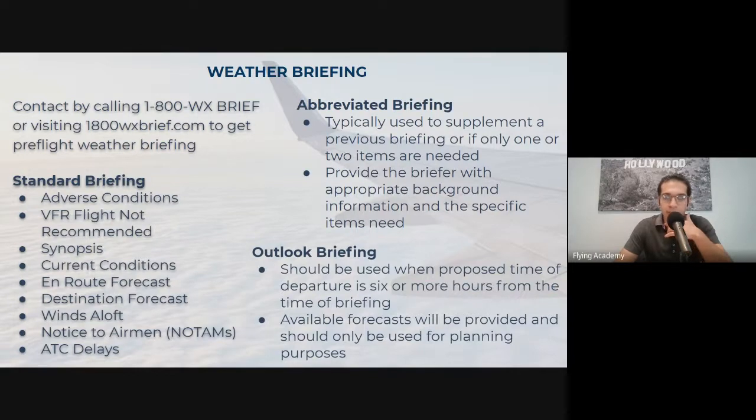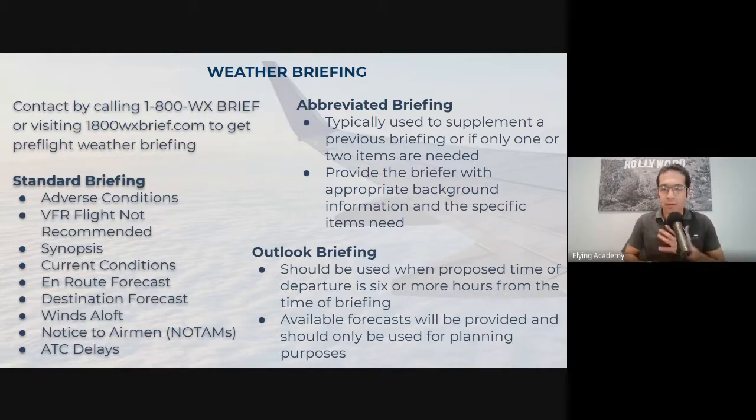An outlook weather briefing really wouldn't give you a lot of information, because you should only request an outlook weather briefing when your proposed departure time is more than 6 hours ahead. So if right now it's 8:19 here and I'm going to depart at 2:30 p.m., I can ask for an outlook weather briefing.